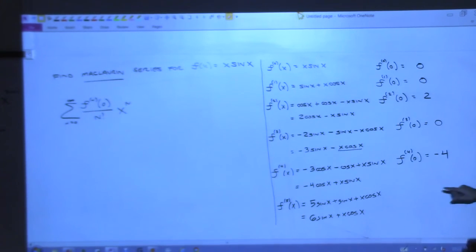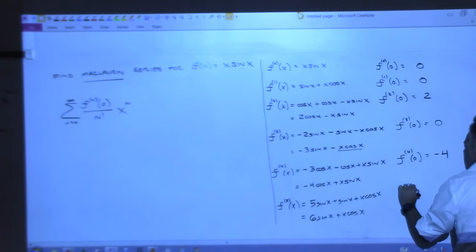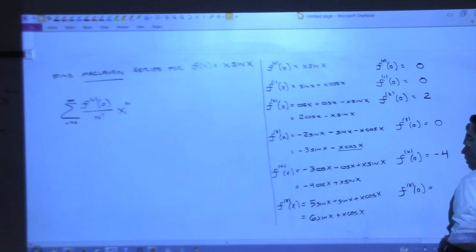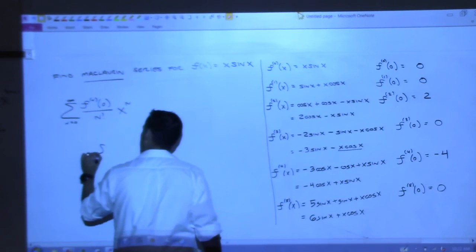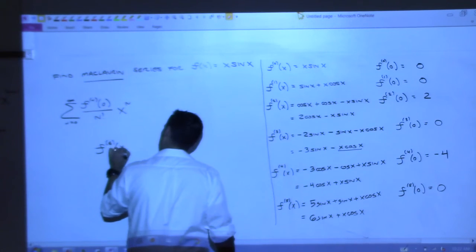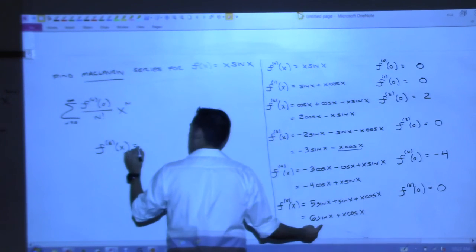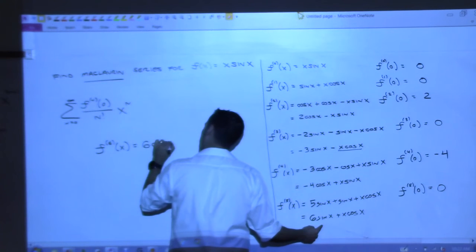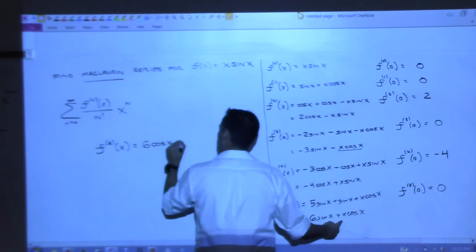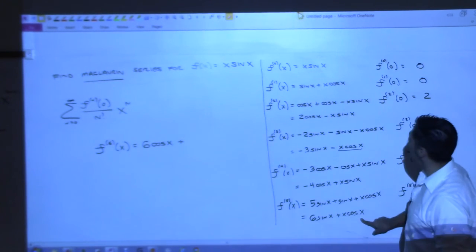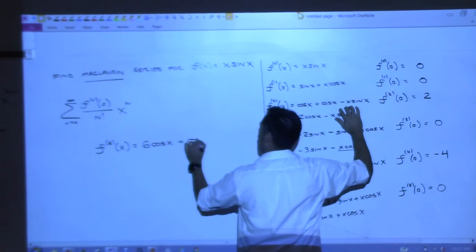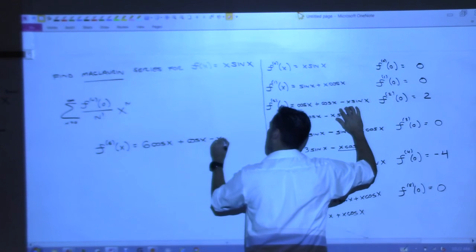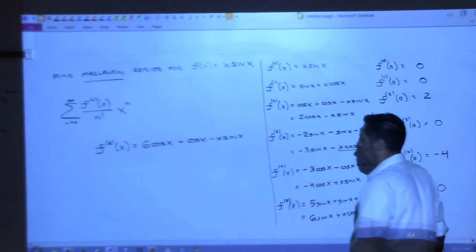All right, so what would happen if we do the derivative at 0? 0, it's all gone. So 0, that's what we thought it would be, right? Let's do one more. The sixth derivative is going to be 6 cosine x, just like we thought, and then plus x cosine x, take its derivative. We did that right there. So cosine x minus x sine x.